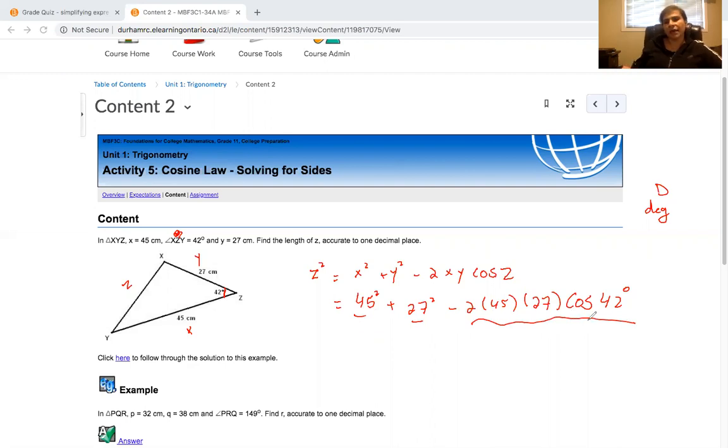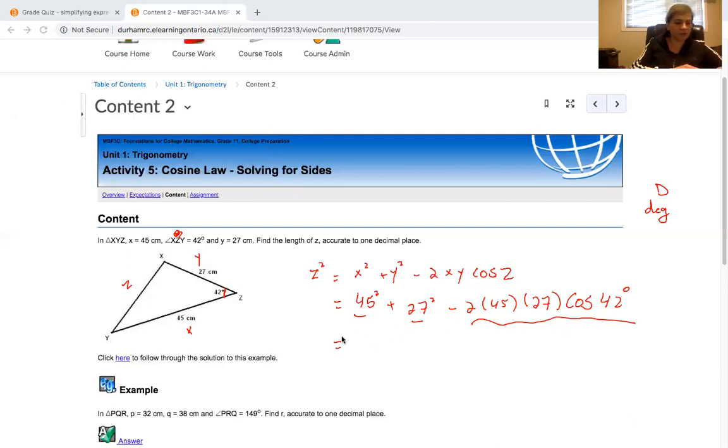The reason for that is sometimes the calculator does things weird. If you don't enter it properly, especially if you have a backward calculator, it will not work properly. So for the sake of making sure that everything is correct, do them separately.